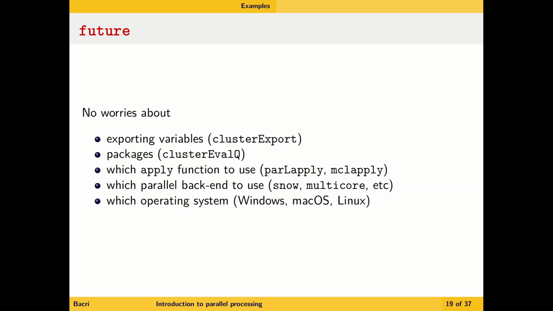If you loaded packages and libraries, you had to export all of them and then run some dedicated functions such as parLapply for the Snow package or mclapply, which have different ways of working. This was kind of a mess, and the future package standardizes all of this, so it's the same code that can run on any computer and any operating system.